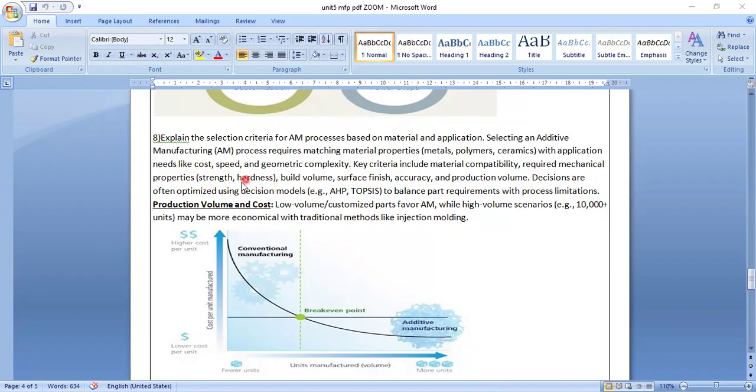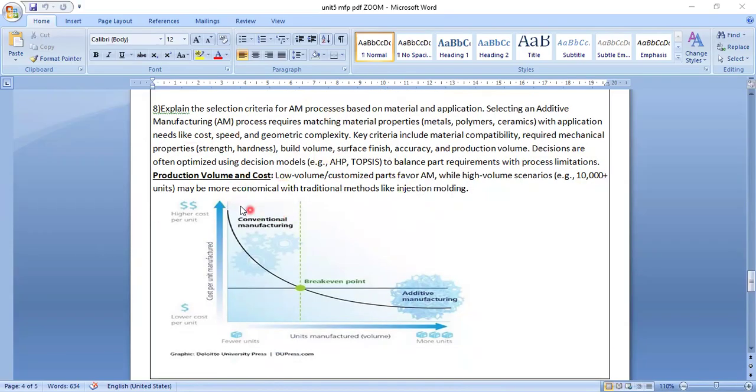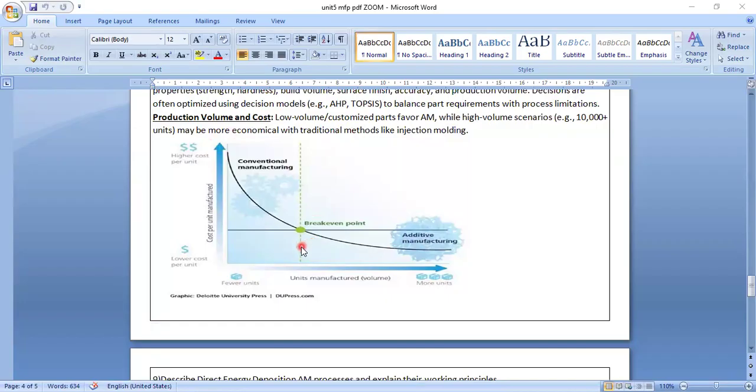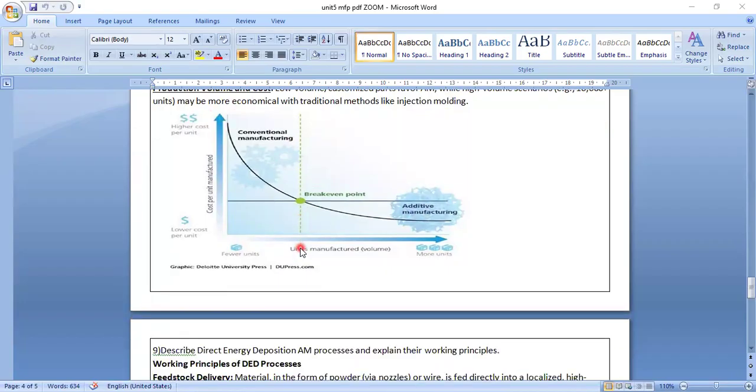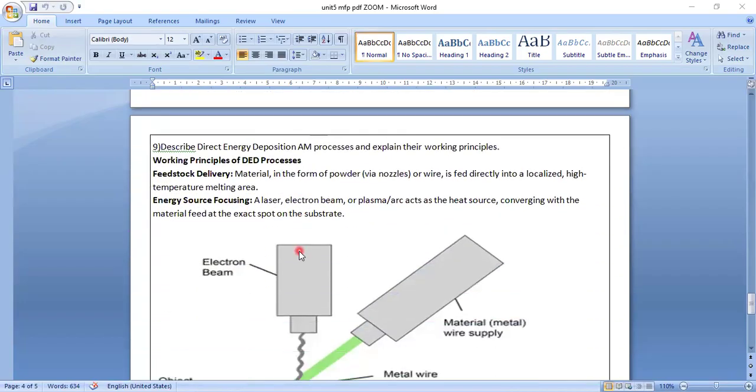Here strength is there, hardness is there, volumes are built, surface finish is good, everything is considered here. For production volume, low volume customized parts are favored here, while high volume scenarios like 10,000 plus units may be more economical with traditional methods like injection molding only. So that is the explanation of that one.